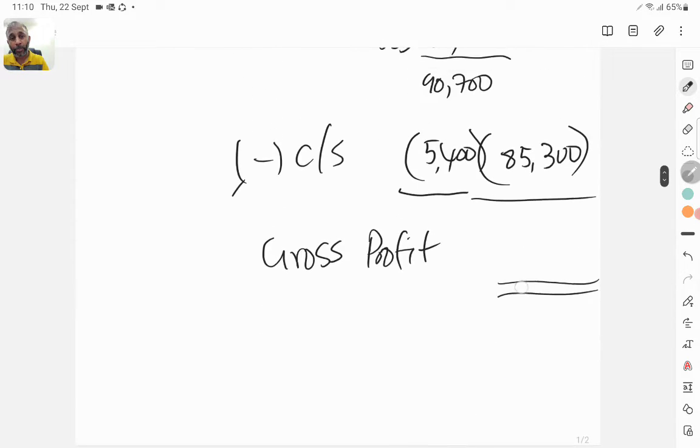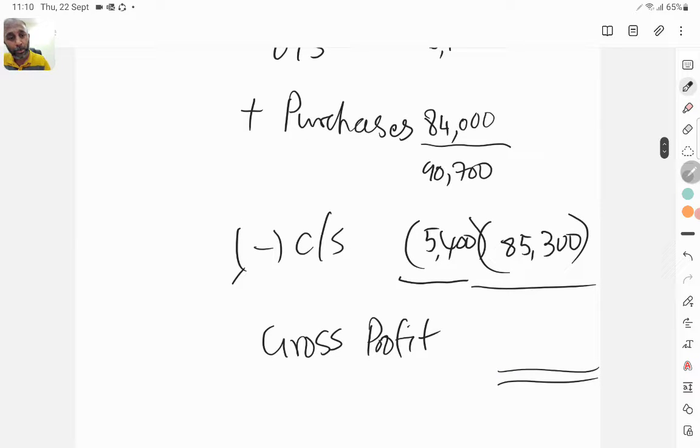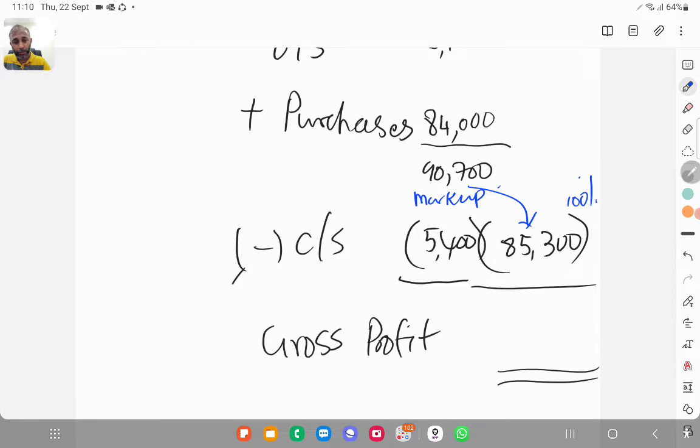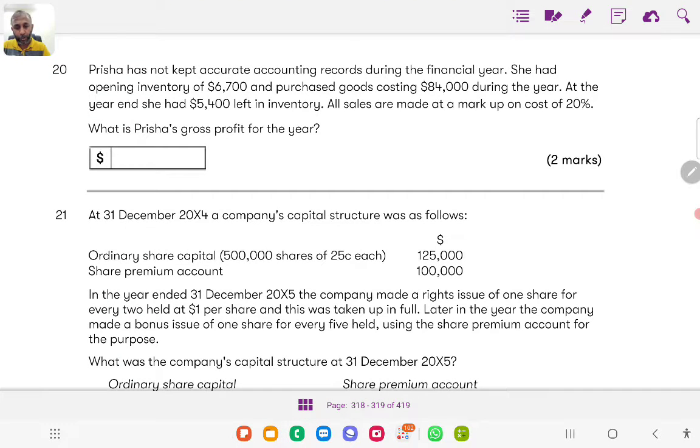Let's go back now. Here they said this is markup. That means this is 100%. And if that is 100%, what you do is 85,300 divided by 100 times the markup, which is 20%.